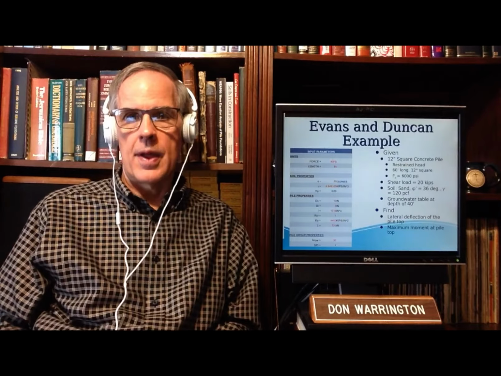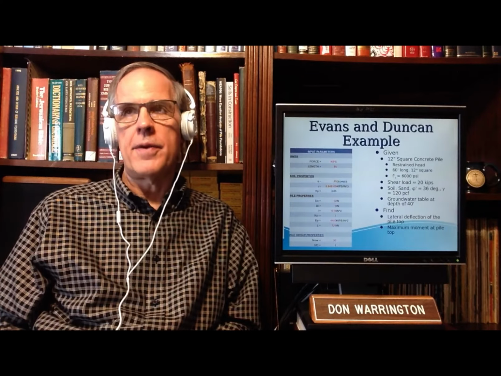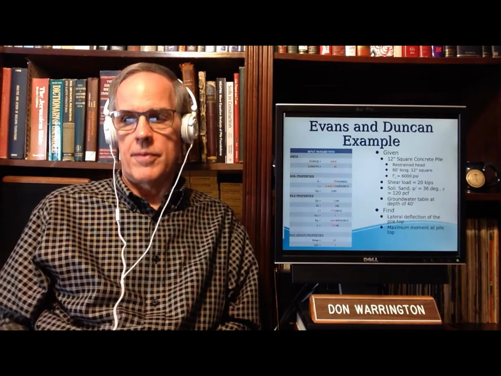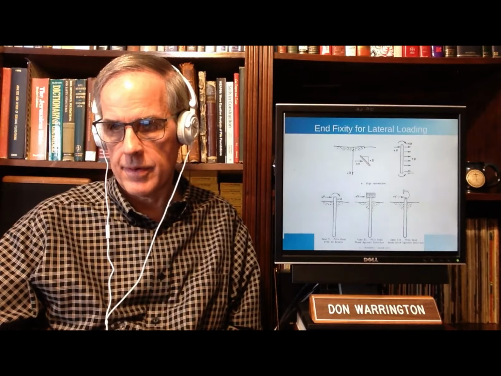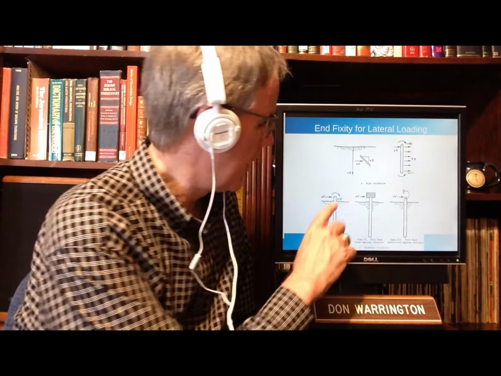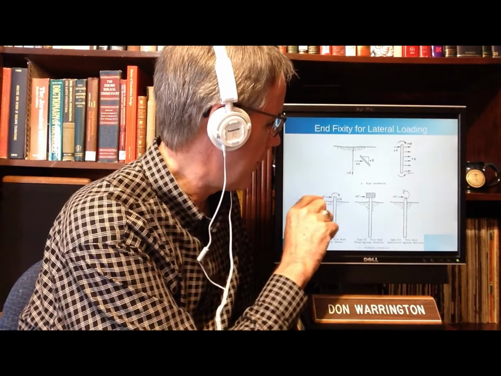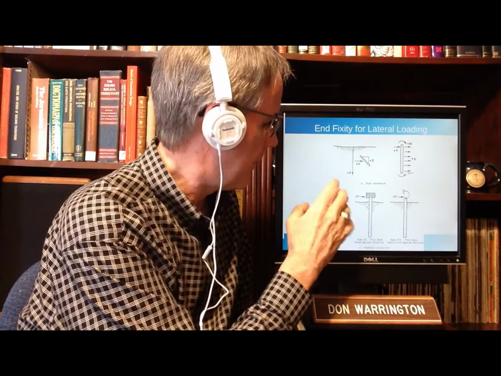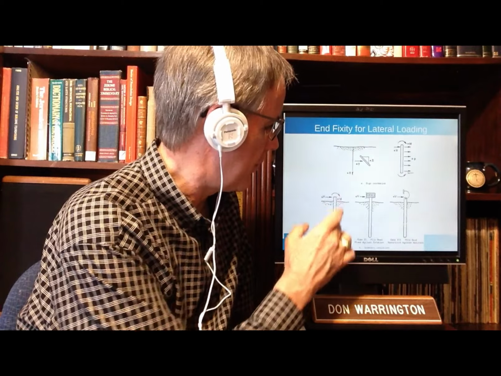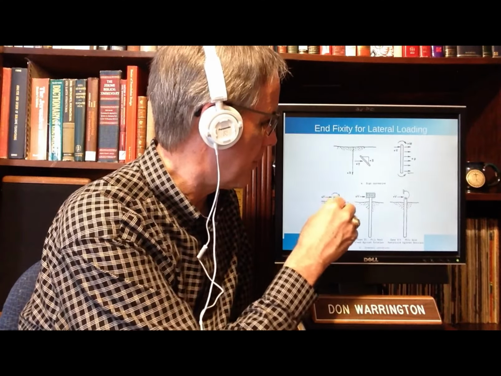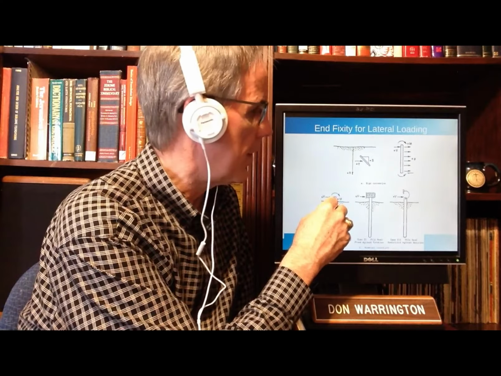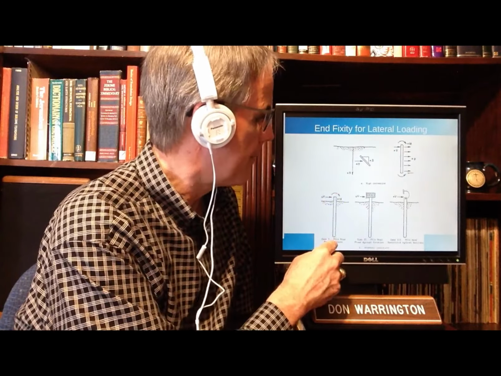Find the lateral deflection of the pile top and the maximum moment at the pile top. Let me go back, just as a matter of clarification. If you have a free head and you have just a lateral load, you will have a moment, and you, of course, will have shear along the pile. If you have this, you will likewise be able to rotate the head and induce moments down the pile.